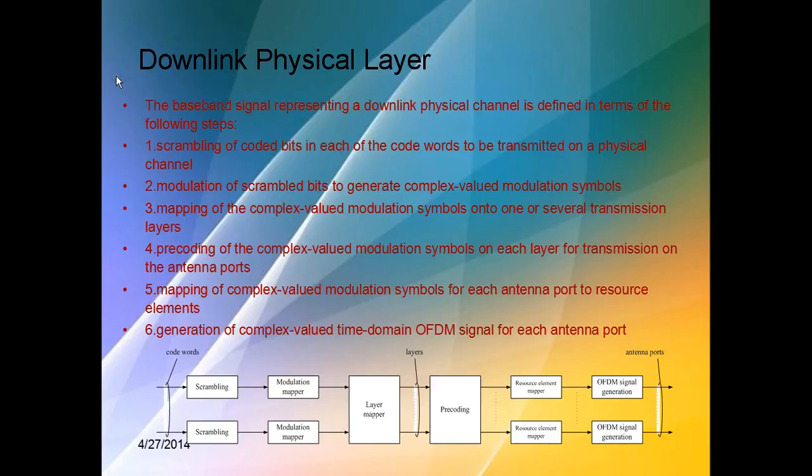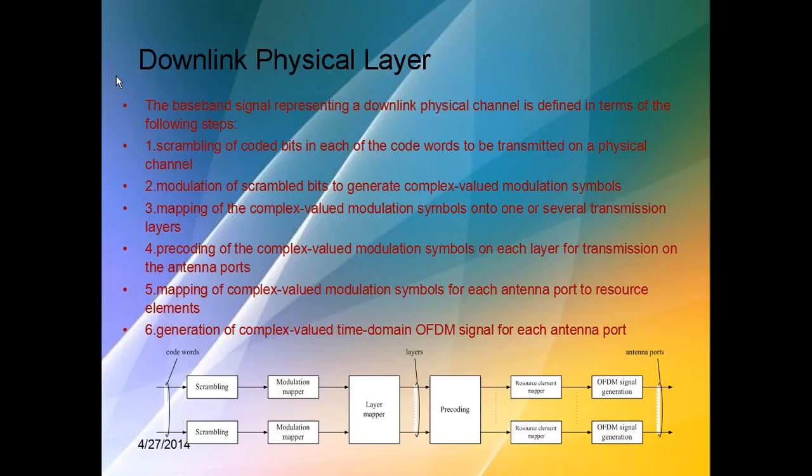Then let us talk about the downlink physical layer. The processing of the downlink physical channel is defined in terms of the following steps. Scrambling of the code bits in each of the code words to be transmitted on a physical channel, then modulation of the scrambled bits to generate complex-valued modulation symbols, mapping the complex-valued modulation symbols onto one or several transmission layers.